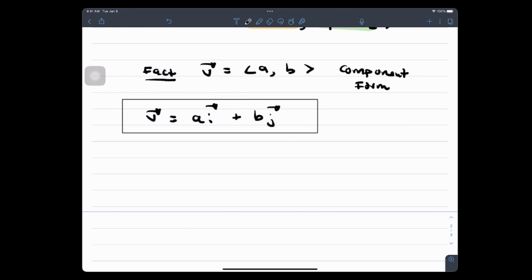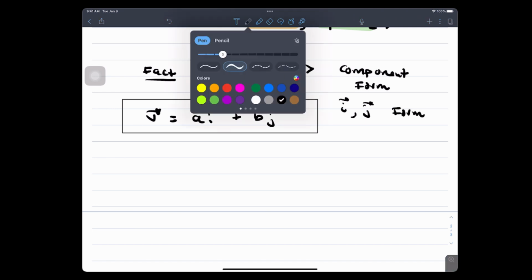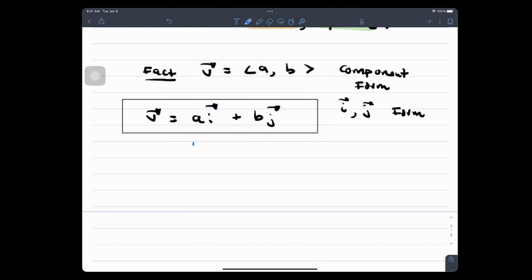And in some ways, this is the preferred way to write a vector. This is the IJ form. This is the preference of writing a vector. We prefer this. Okay, so you might say, why is this the preference?